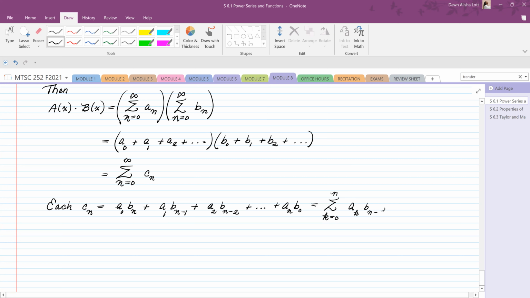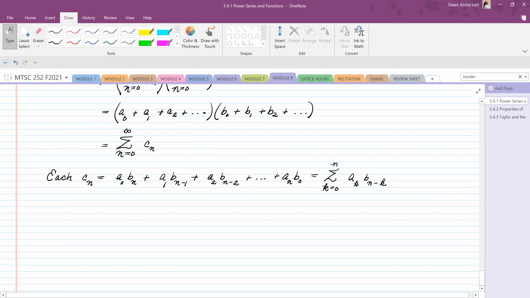Bn minus k. So that's pretty tough. For example, I have the sum n equals 0 to infinity of x to the n times the sum n equals 0 to infinity of minus 1 to the n x to the 2n over n factorial.